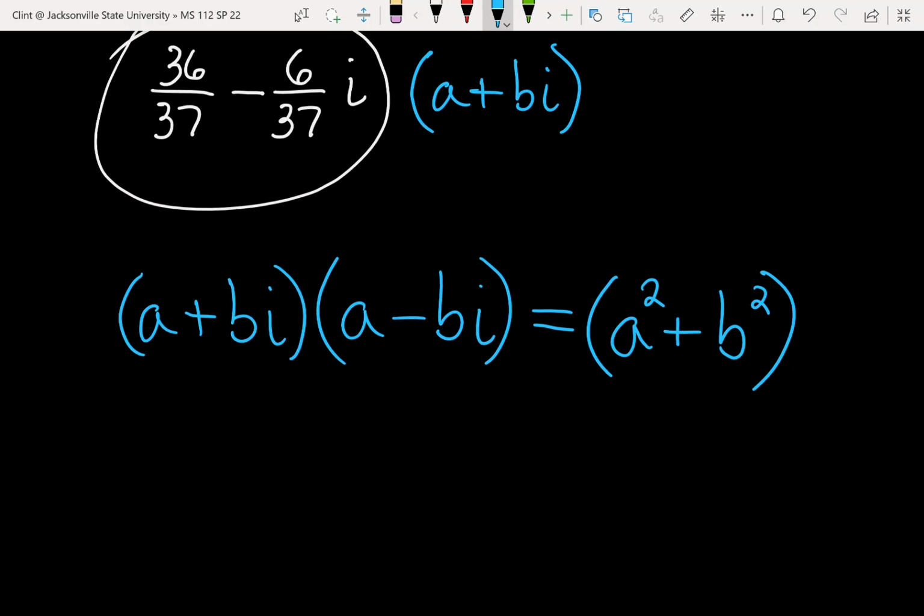And if you take the little pattern and you check it, we get plus abi minus abi, those cancel. And then we get minus b squared i squared. And the i squared turns into negative 1, so it changes from minus to plus. So here's the pattern. And we can see it worked out that way.